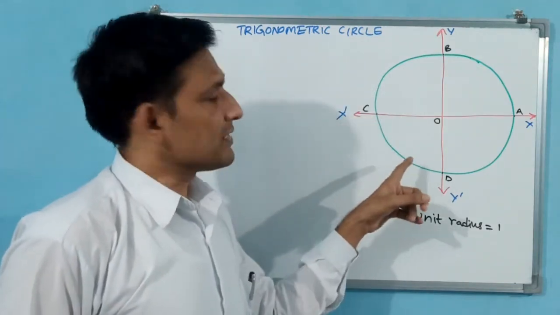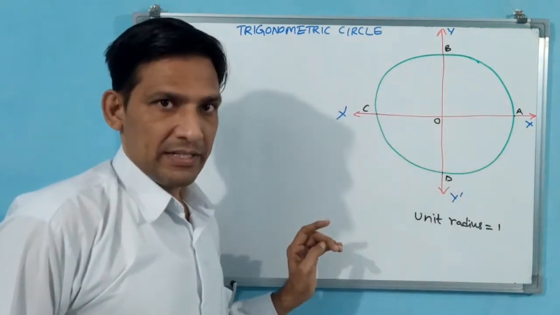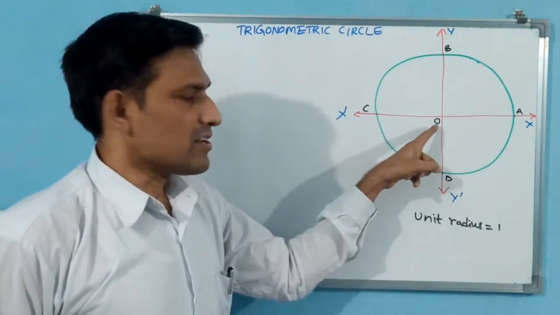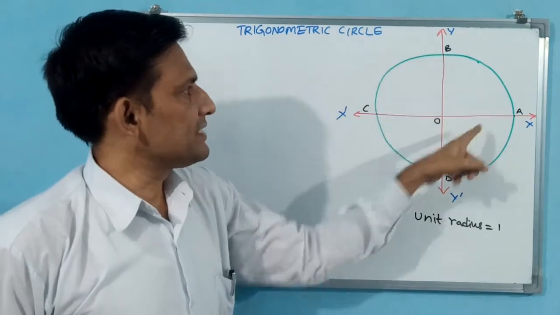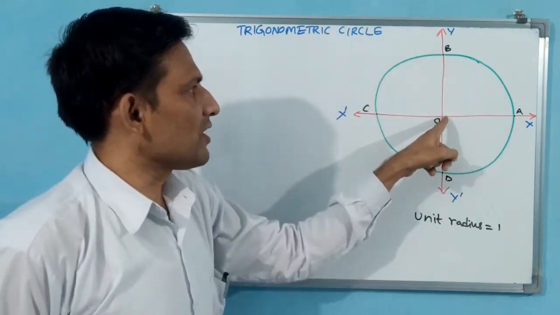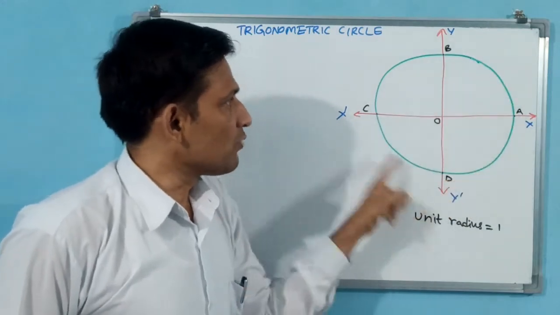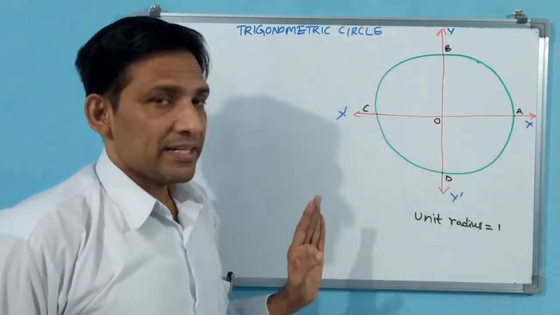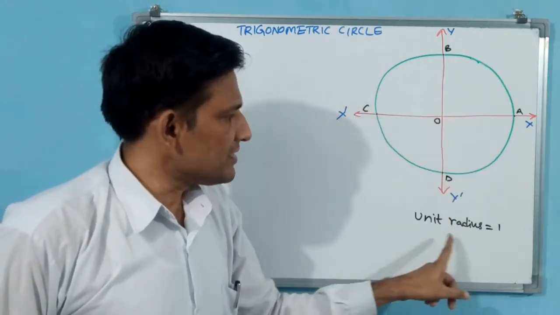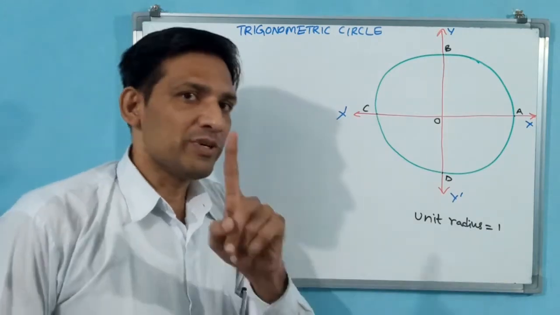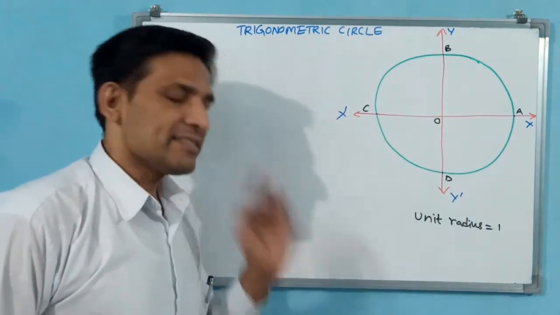See, for the trigonometric circle, one circle we have taken, with center as origin. Circle center and graph origin are both the same, you see. Center as origin and we have taken one circle, but this circle's radius is unit radius. Unit radius means 1. What is this 1?